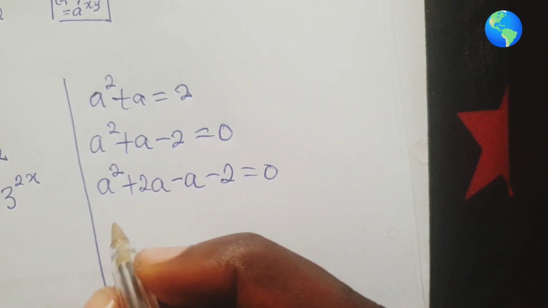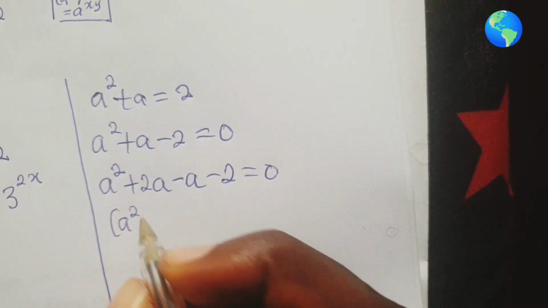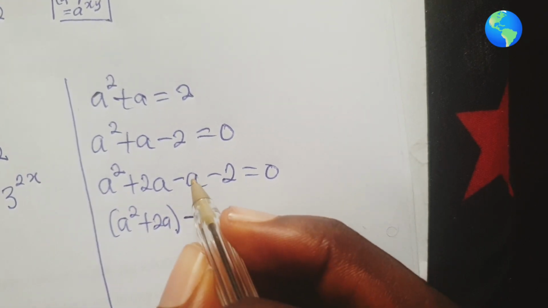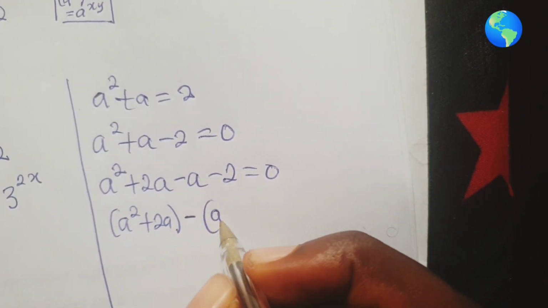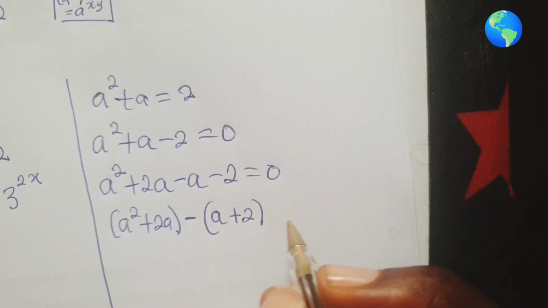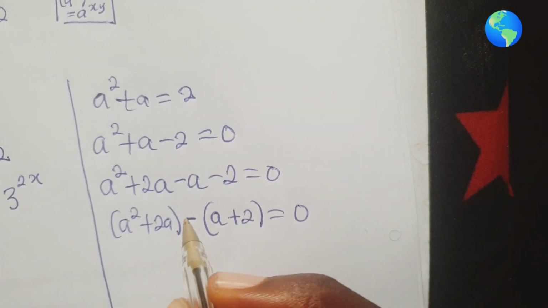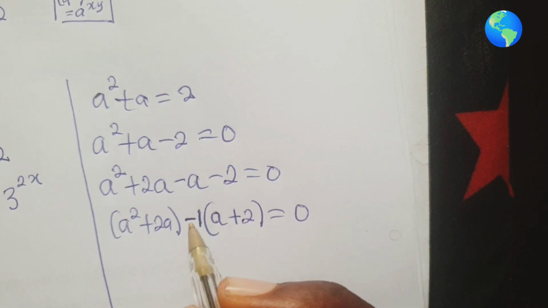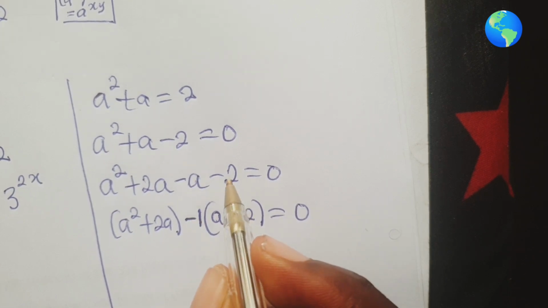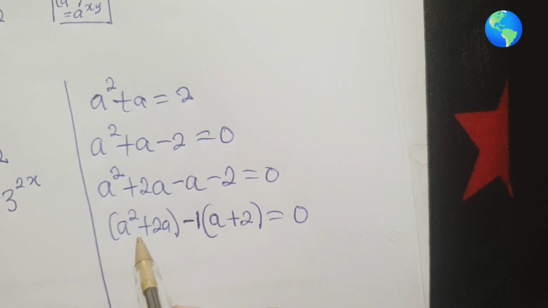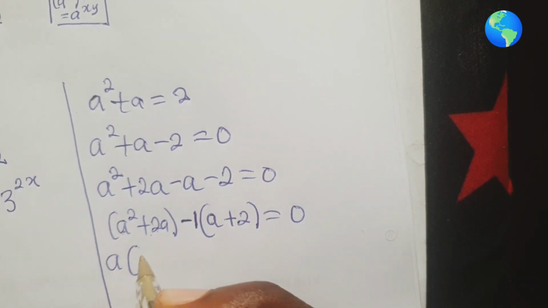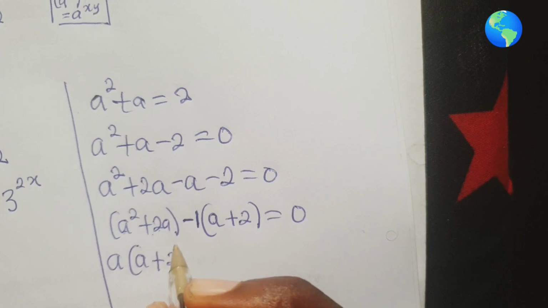This is going to be a squared plus 2a minus, and I can have this portion as a plus 2. The reason is minus 1 times a is minus a, and minus 1 times 2 is minus 2. Now notice I have a common here. Since a is common, I have a into a plus 2.